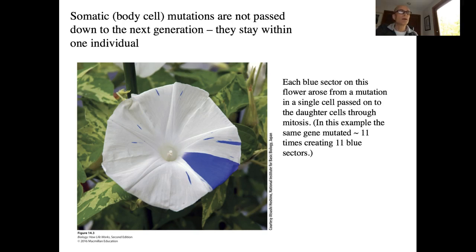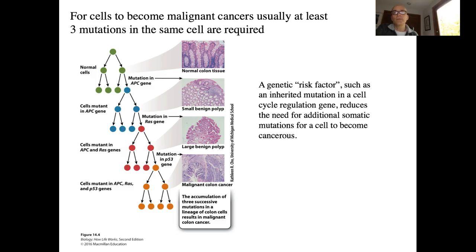Now, if we switch our topic here from looking at plant somatic cells to animal or maybe human somatic cell mutations, there is, of course, the example of cancer. Cancer is a mutation. It arises when in a cell a certain number, it's assumed that it's usually about 3, of certain genes are mutated in the same cell, which then lead to unregulated cell growth.